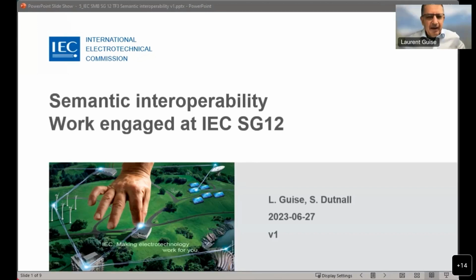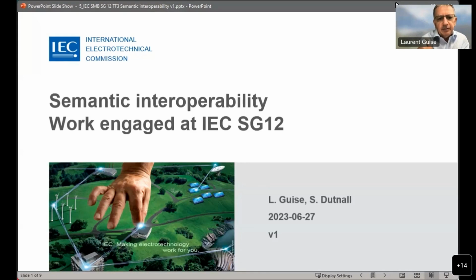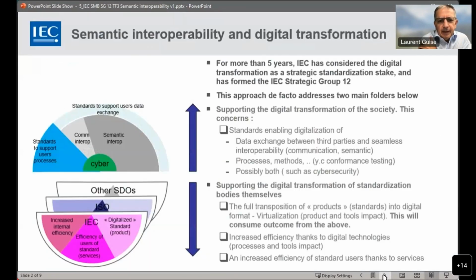Okay, so Stephen has introduced the fact that I will speak on behalf of the IEC strategy group number 12 in charge of digital transformation. One way to address the digital transformation actually is twofold. One way is to consider the need of the society to really perform its own digital transformation, which means use of data exchange and so on.